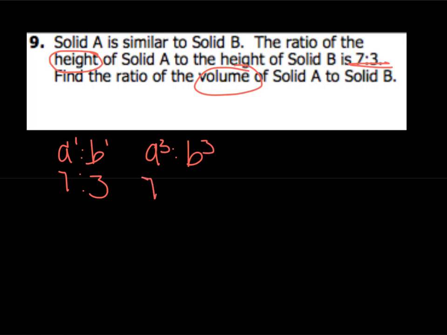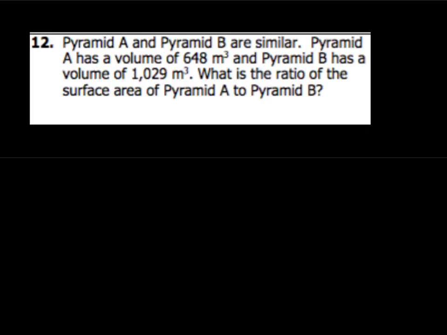So we do 7 to the third power and 3 to the third power. And voila, here we go. Just read through the problem, circled the information that's given, what we needed to find. We went from first power to third power, and there's the answer. The ratio is 343 to 27.